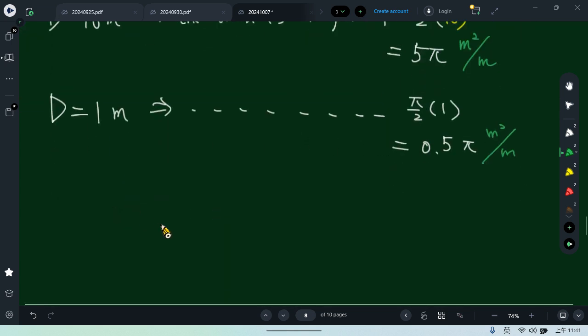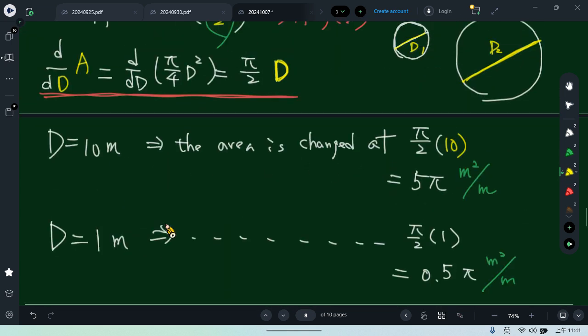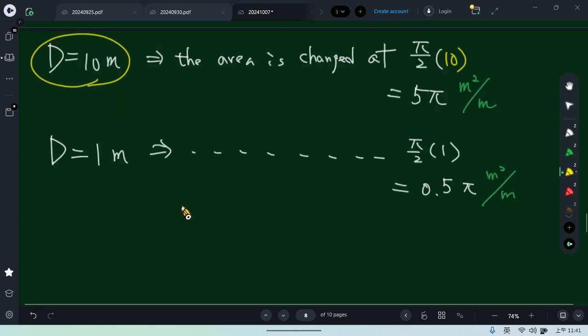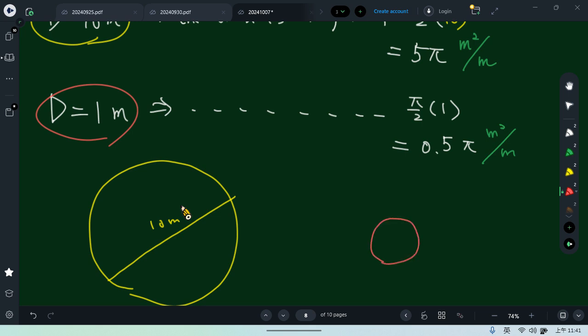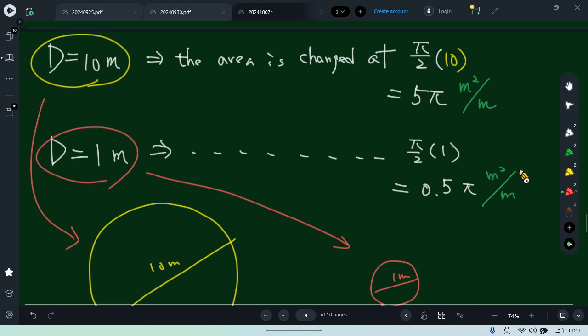So you can have a simple comparison: this is for D is 10 meter, and if this is 1 meter, this one is here, this one is here. So per meter change, you can see their changing rate is different. That will be based on how long your diameter is.